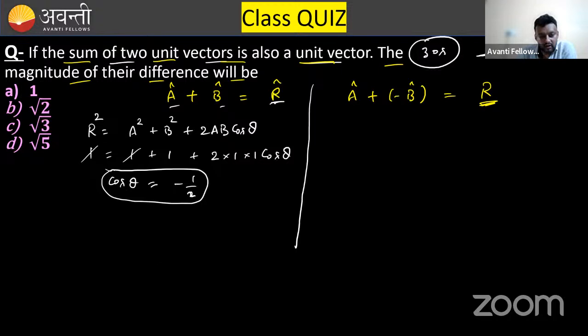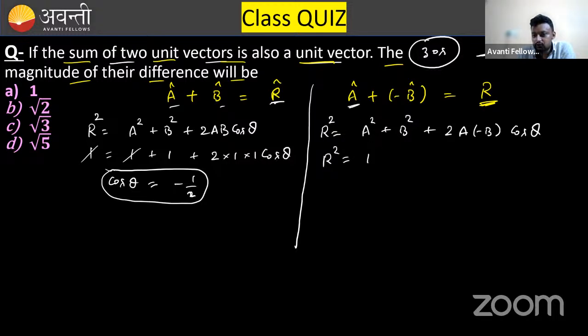Now, how can you write the resultant? R square is equal to A square plus B square plus 2 vector A, but vector B is in the negative, cos theta, because B vector is negative now. So R square is equal to, A is a unit vector, so square will be 1. B is again a unit vector, so square will be 1.